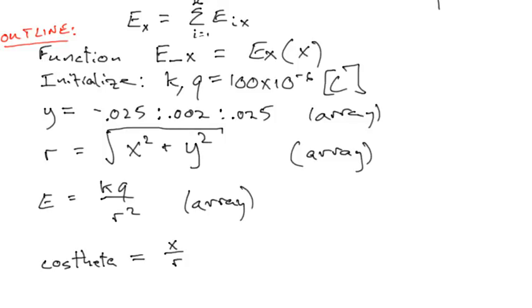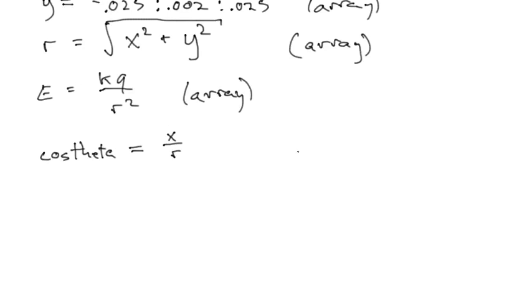So cos theta will have an array of values where each one is the cosine of the angle for the specific R. So what I call it R sub I in the analysis. So then E X is equal to E times the cosine of theta. Cos theta is what I call that.